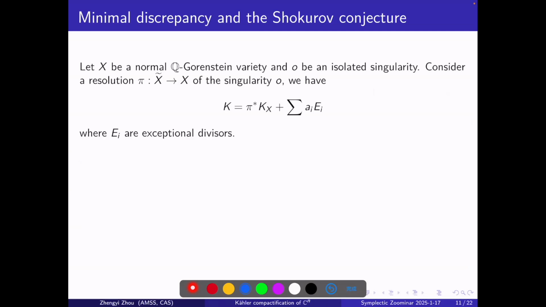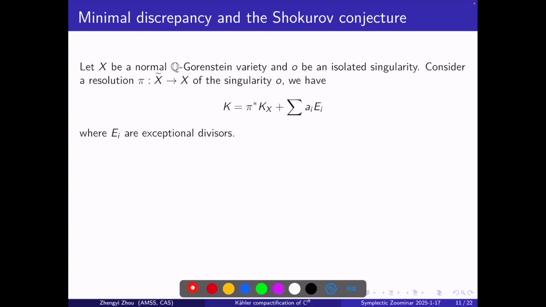I'm not an algebraic geometer, so these are pretty much just words to me. But this basically means you can write down this formula, compare these divisors. Okay, so the situation is we consider a resolution of your singularity O. And by resolution here, I always mean a resolution so that the exceptional divisor is simple normal crossing.